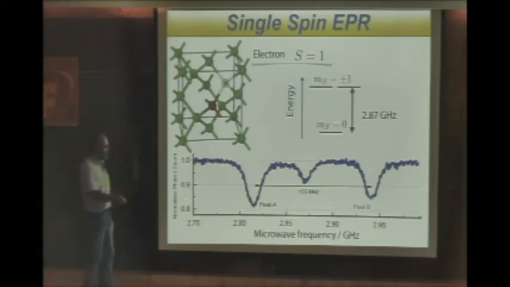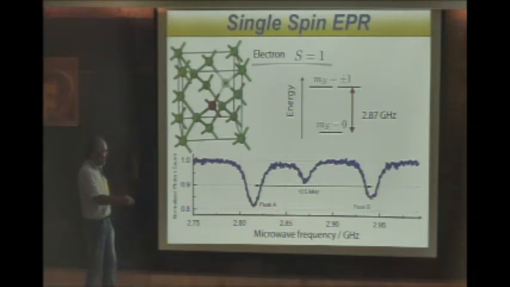And you can measure that splitting by applying a microwave field which saturates the transition. If you do that, you should see a single line at 2.87 gigahertz. In some cases, you see an additional 2 lines. Like in this case, we have actually 2 centers here.